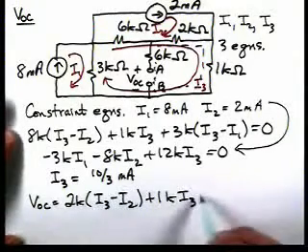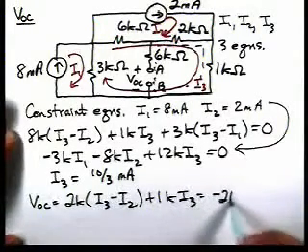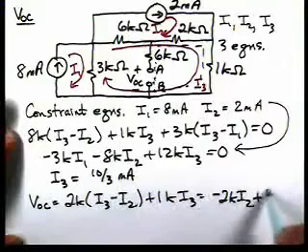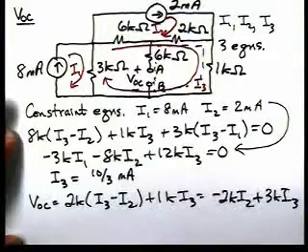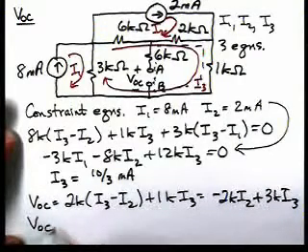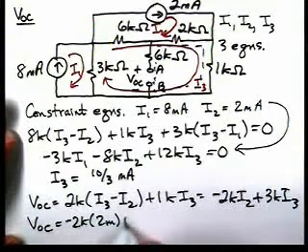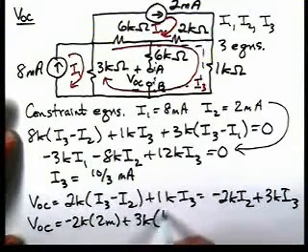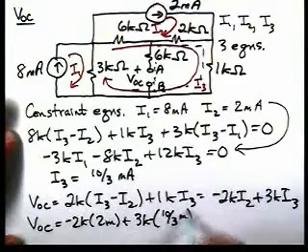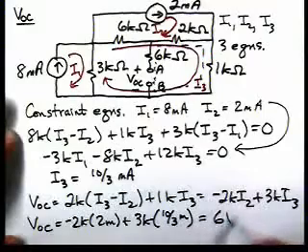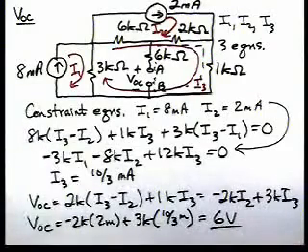So we have minus 2K I2 plus 3K I3. So then the open circuit voltage is minus 2K times 2 milliamps plus 3K times 10/3 of a milliamp, and that turns out to be 6 volts. Okay, so that gives us our value of the open circuit voltage.